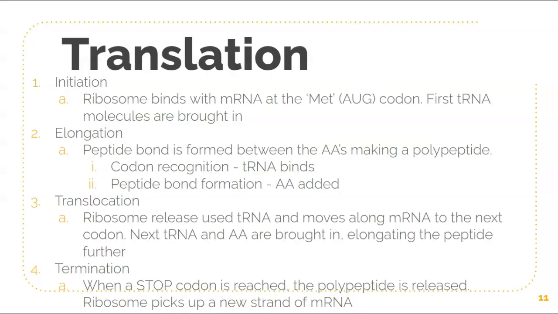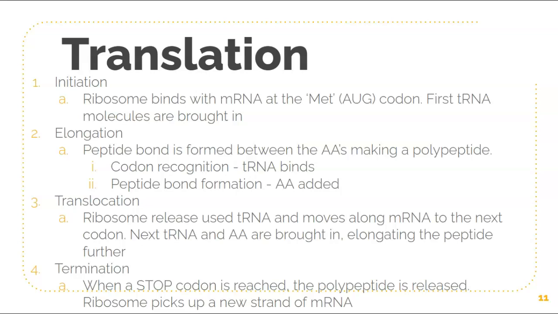There are 4 main parts to translation. There's initiation, elongation, translocation, and termination. And I think just from those terms alone, you probably know what these mean. Initiation is when the first tRNA molecules are brought into the mRNA and they bind together. It is always with methionine, or AUG, with that codon. Elongation is the process of forming that peptide bond between amino acids, making a polypeptide, right?